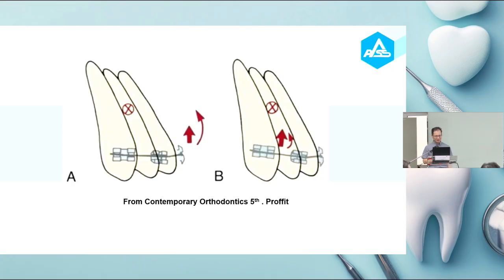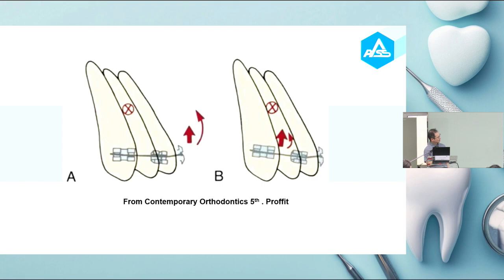For intruding the anterior teeth, the force should pass through the center of resistance so that translation takes place without any tipping.